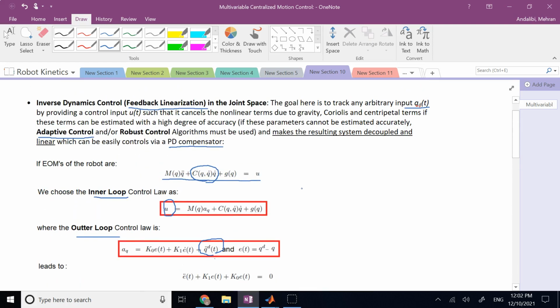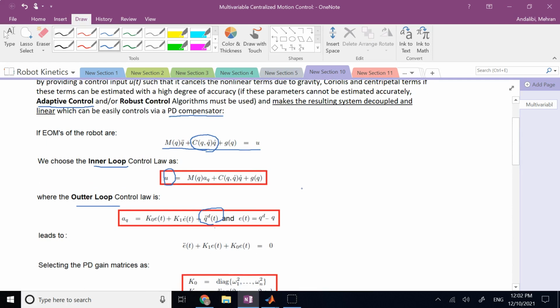So what do we do here? We say, well, this is my equation of motion, here, the one on the top. What are some terms that make life very hard for me in terms of control? Those are these two terms, the C(q, q dot) q dot and G(q).